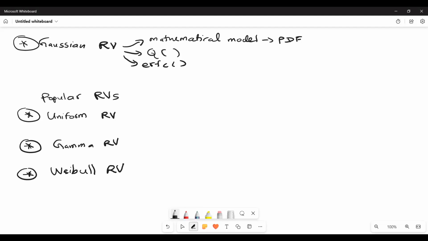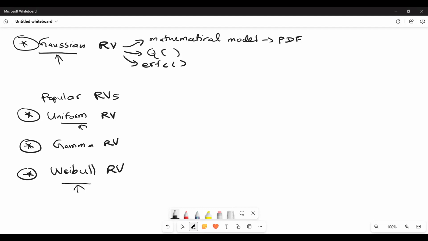In my master thesis, I remember I had to use, because of the application, the Gaussian random variable, the uniform random variable, the Weibull random variable in my work.